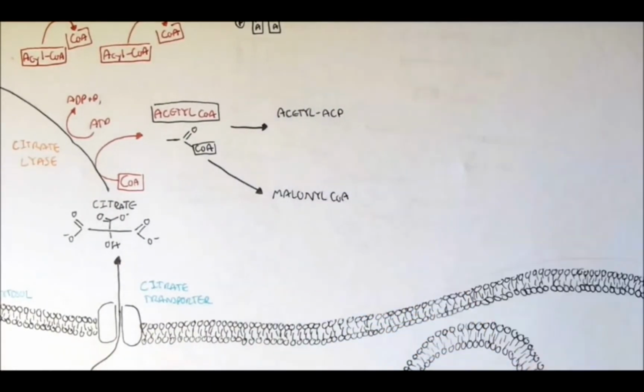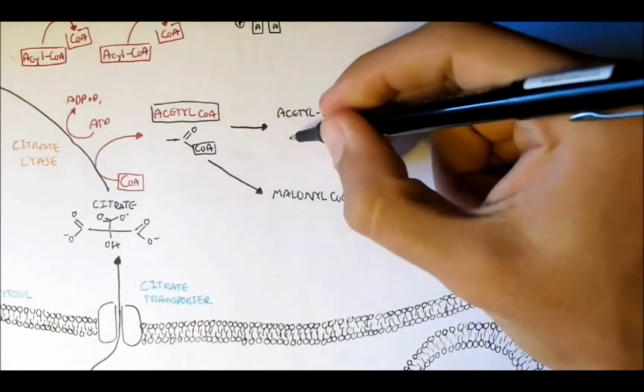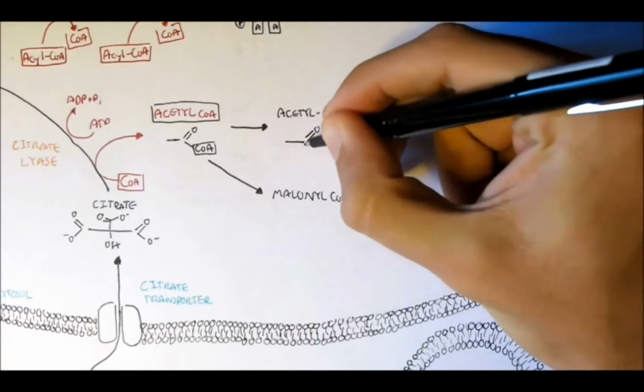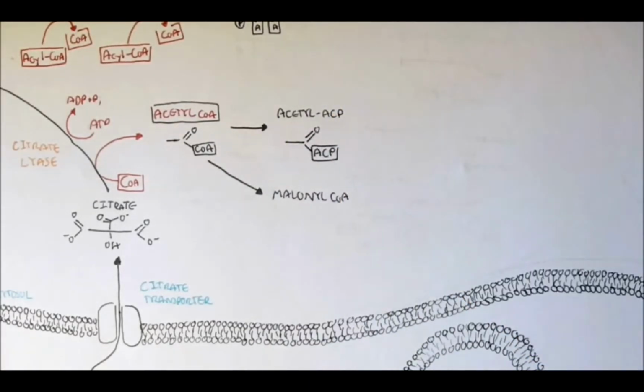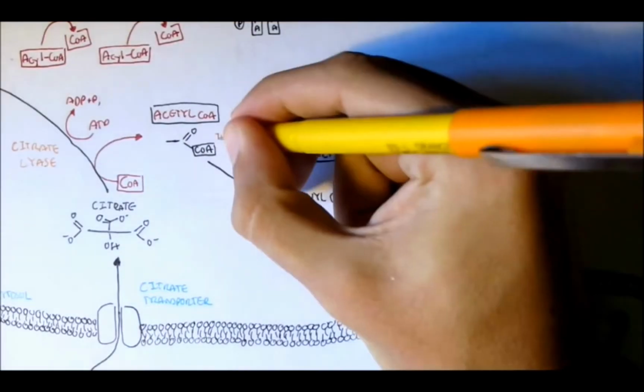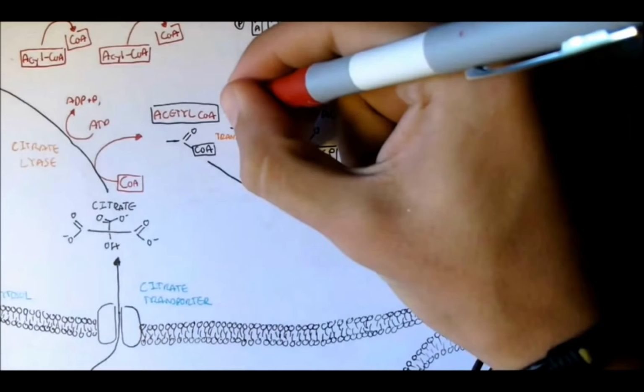Now acetyl ACP is acetyl-CoA without the CoA. The CoA is exchanged with ACP. And ACP, as we have learned, is acyl carrier protein. And acetyl-CoA converts to acetyl ACP by transacetylase.